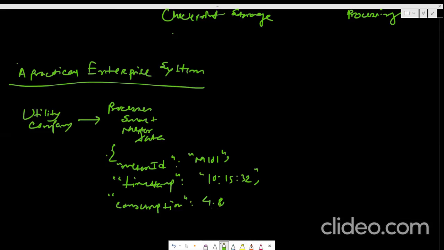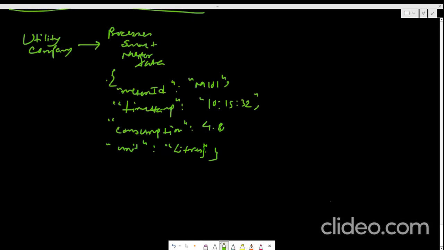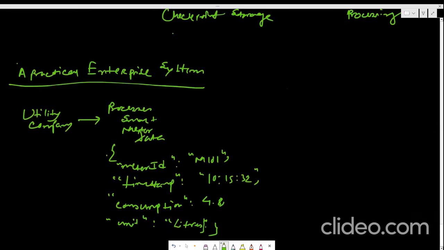Then the unit, suppose in liters. So that is a practical example. What is the architecture for that? Basically, there are smart meters, then there can be an IoT gateway.